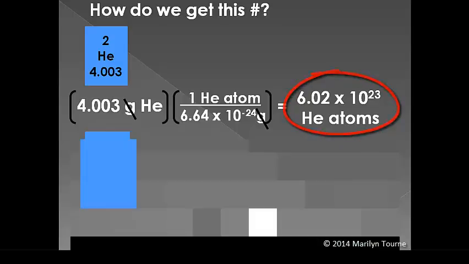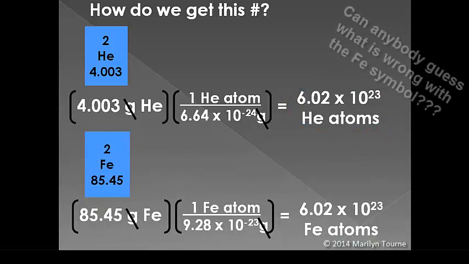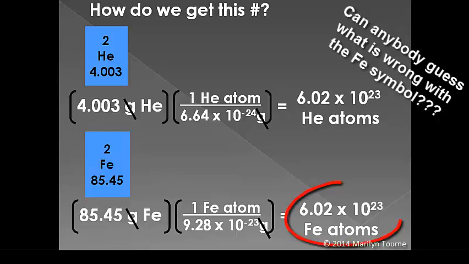Now, let's do something else instead of neon. Let's try iron. The atomic mass unit of iron is 85.45. If I divided that by the mass of 1 iron atom, guess what? I'd come up with the same number. That's 6.02 times 10 to the 23rd.